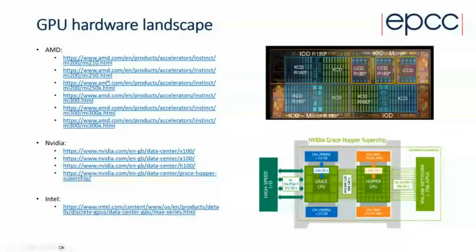The 250s and 250X is what you see in the very large GPU-focused systems in the US and in Europe. The 300 series, which we have a diagram of on the top right, is what you're now starting to see as the next generation of hardware available from AMD, and these are looking very competitive in terms of what they can offer. They have an A and an X model.